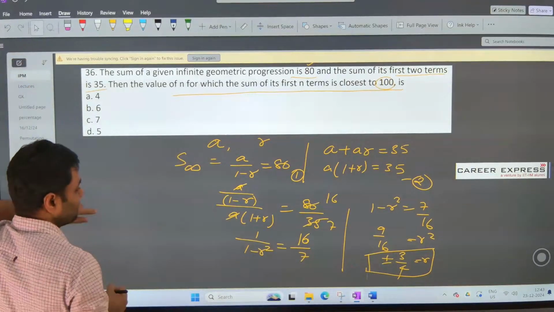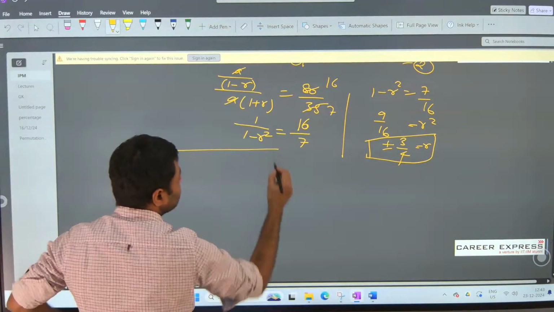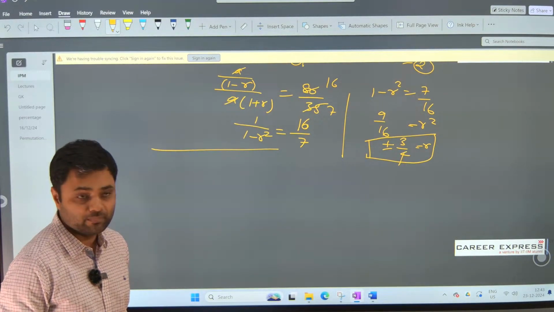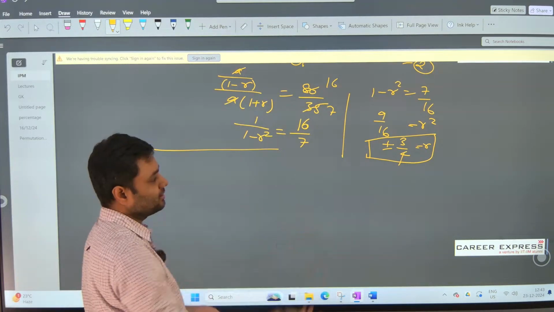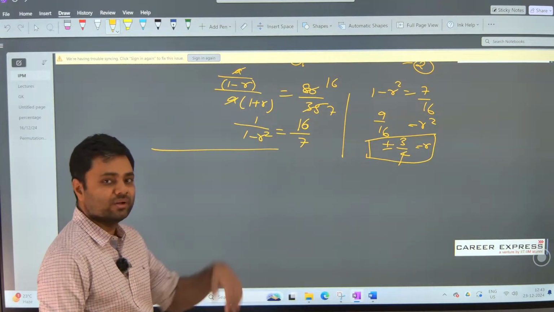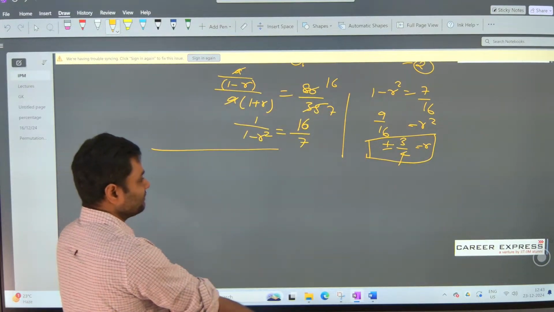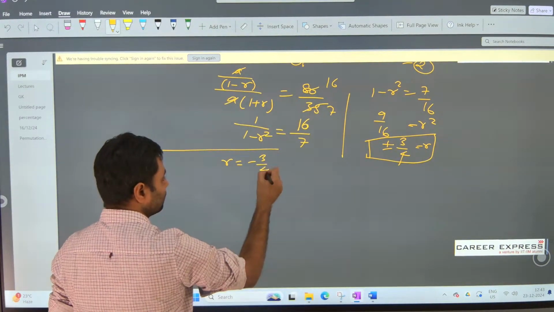I will check with R equal to minus 3 by 4, because that is a hunch that we have, that probably R equal to minus 3 by 4 will be the correct value. So we will check with it. If we don't get a satisfactory answer, then we will check with the positive value also, right? But chances are we will get the answer with the negative value. So R equal to minus 3 by 4.